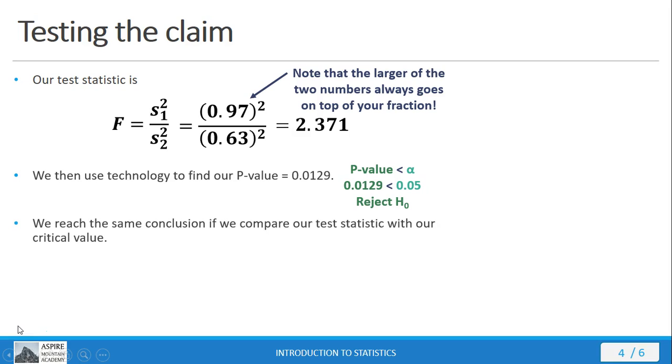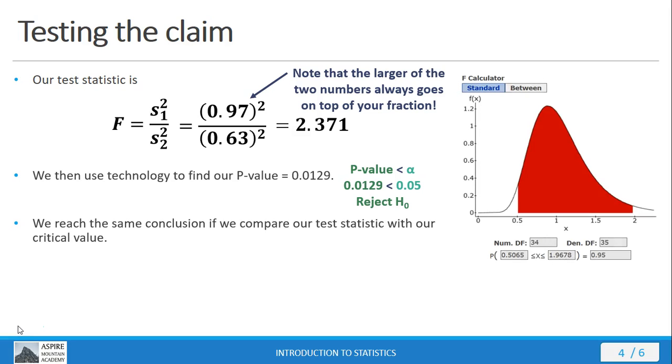If we compare a test statistic with the critical value, we're going to get the same thing out. Here's our F distribution, and notice we've got our critical regions. We've got 5% split among two tails, so 2.5% is on the left tail and 2.5% on the right tail.